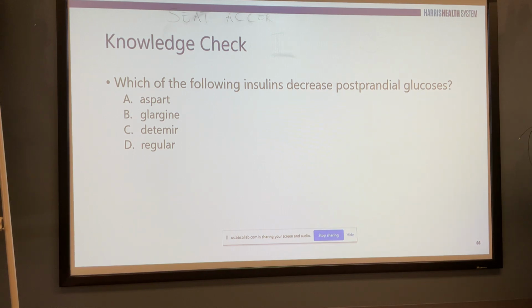Which of the following insulins decrease postprandial glucoses? Mealtime sugars. So I'm hearing some. So the aspart and regular. Right, I had a slide dedicated to that. So glargine and detemir are long acting, and the other two options are bolus insulin.